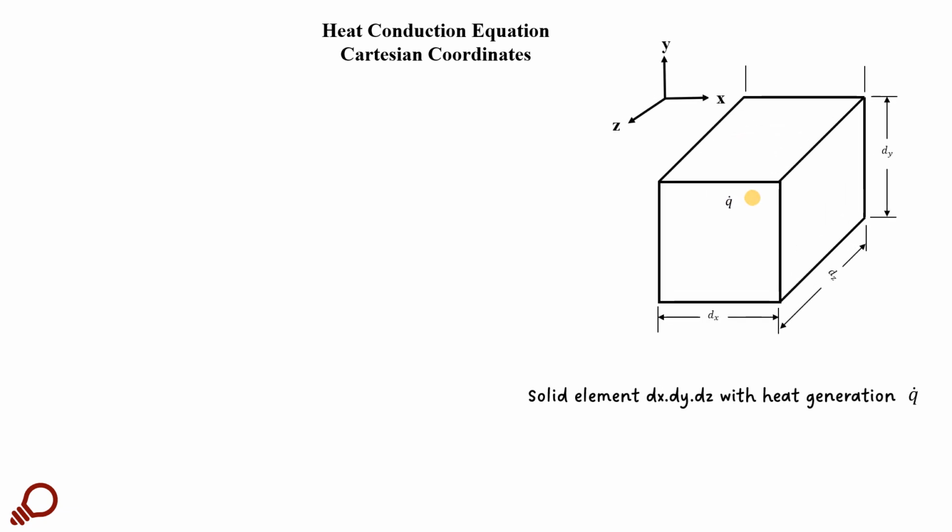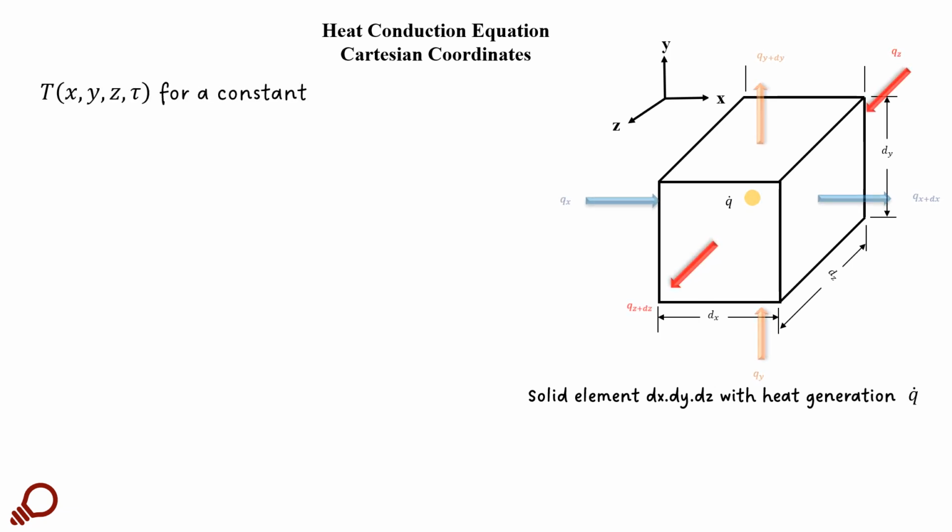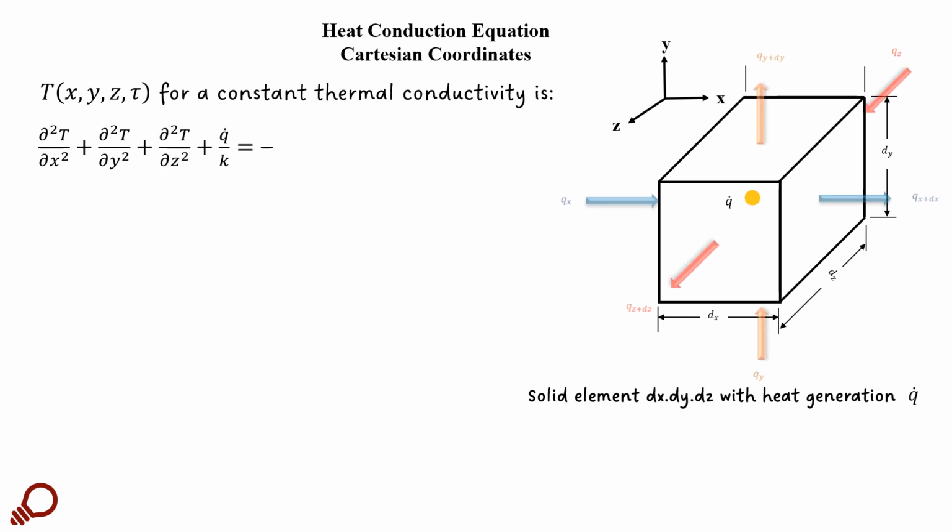The element which has been discussed previously in 3 dimensions, dx by dy by dz, is exposed to heat transfer in the three directions x, y, and z, and this form of equation has been derived in a previous episode in the form: partial square T with respect to x square plus partial square T with respect to y square plus partial square T with respect to z square plus q dot divided by k equals 1 by alpha partial T with respect to tau.